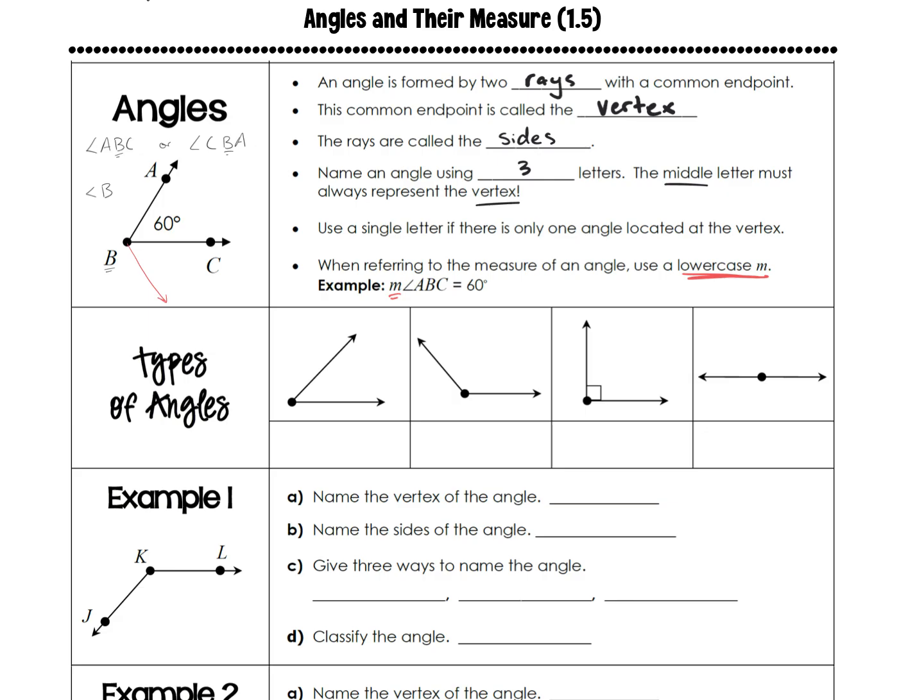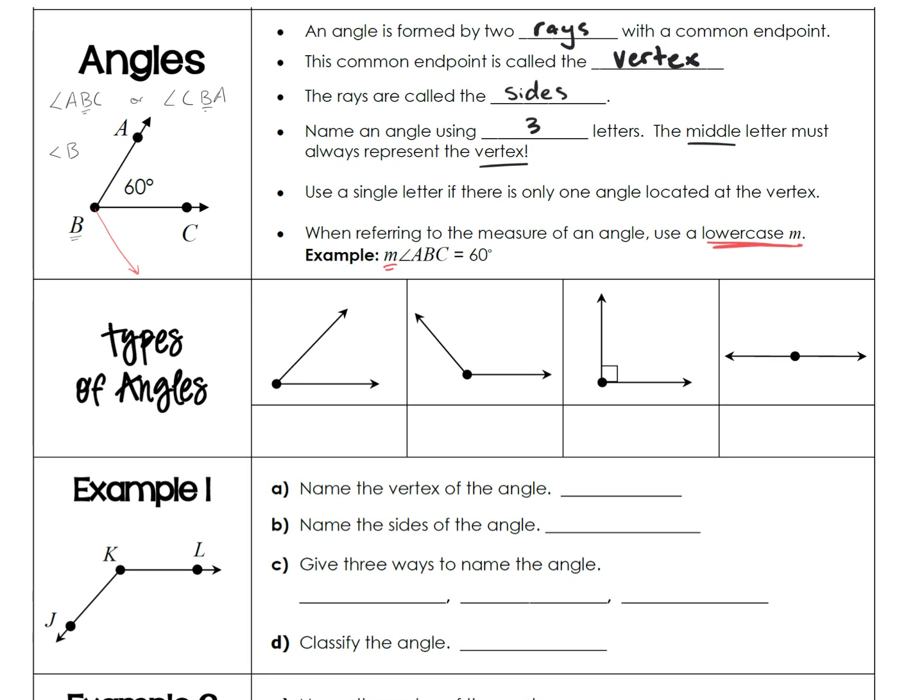Now, this should come as no surprise, this next part. When we are classifying angles, there are 4 different types. The first is an acute angle. These are angles that are less than 90 degrees. Next up, you have obtuse angles.